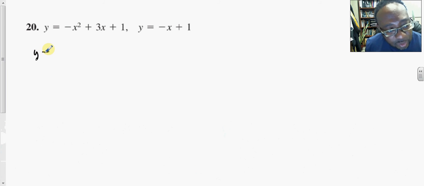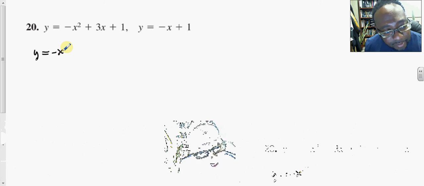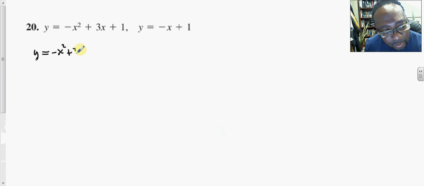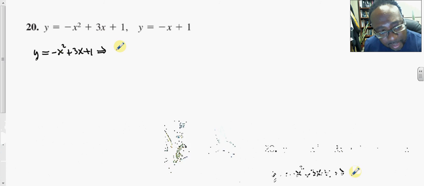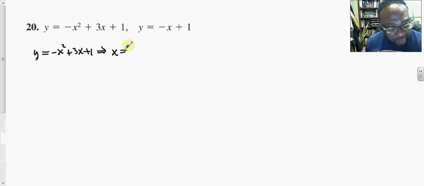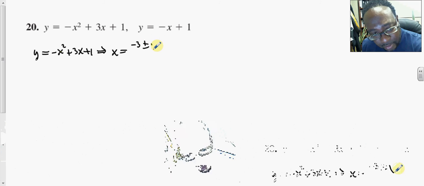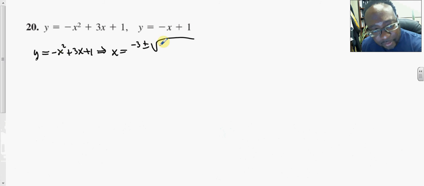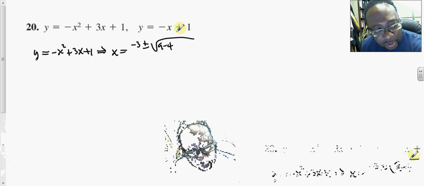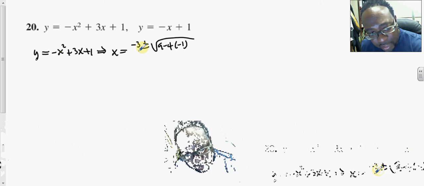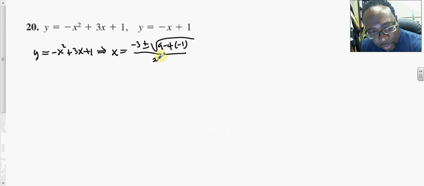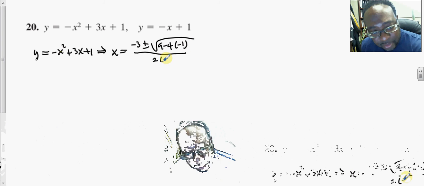So for this one, y equal to negative x squared plus 3x plus 1, this implies that x, using the quadratic formula, is negative 3 plus or minus the square root of 9 minus 4 times negative 1 all over 2 times a, and a is negative 1.